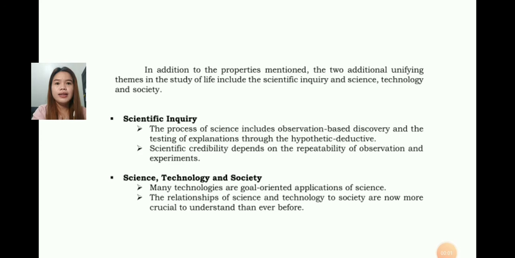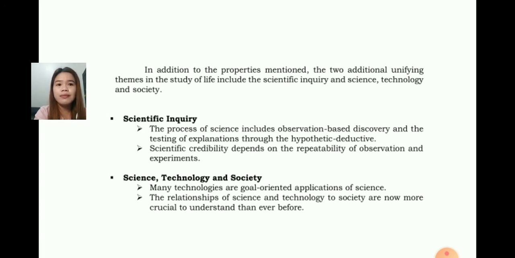In addition to the properties mentioned, the two unifying themes in the study of life include scientific inquiry and science, technology, and society. Scientific inquiry, the process of science, includes observation-based discovery and testing of explanations through hypothetico-deductive methods.